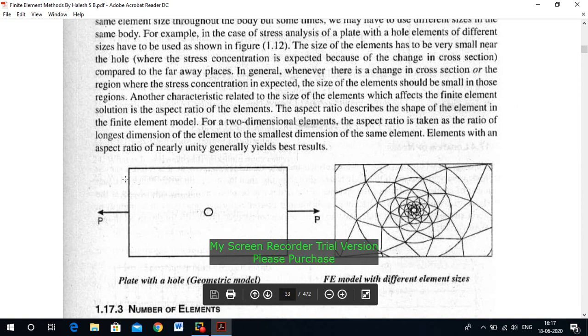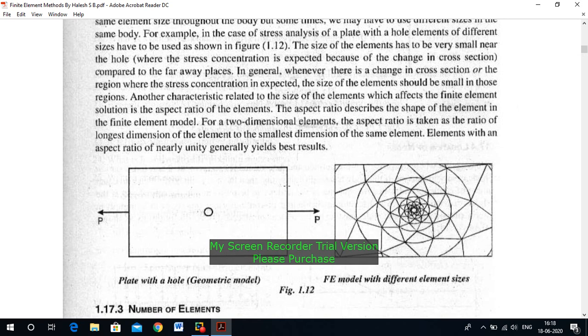See in this figure, look at here, a plate with a hole. After discretization of this rectangular plate with hole, when it is subjected to loading, the first step is to discretize the plate, and after discretization we obtain small elements.